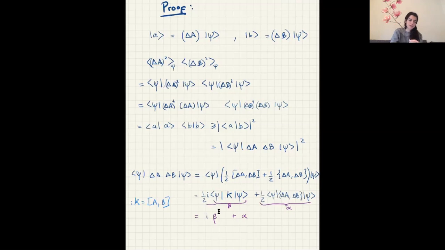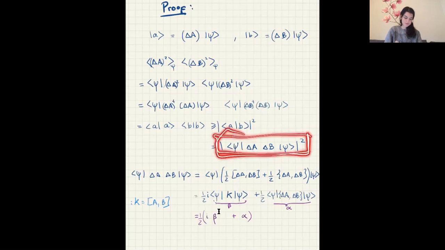Or we can even put, let's put it like this, 1/2 of i beta plus A, because this will make our life easier. This is A, this is A, that's B. Okay, so we're trying to bound this thing here, right?